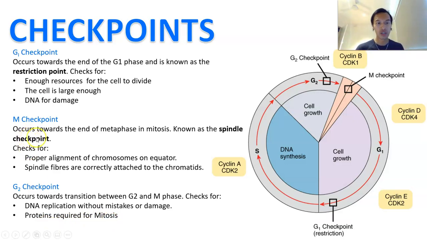This basically occurs towards the end of metaphase during mitosis, and it's known as the spindle checkpoint. At this stage, it's going to check that those chromosomes are aligned properly at the equator, and they're lying horizontal and it's all good, and that the spindle fibers are correctly attached to the chromatids.